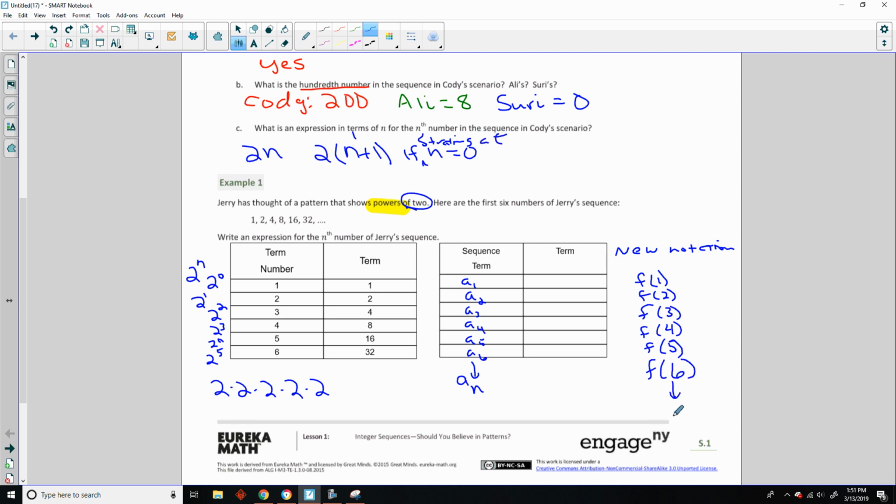That would always lead up to our last term that we're going to call F of n. And that's just basic function notation. So in this case, these terms would repeat as well. 1, 2, 4, 8, 16, 32.